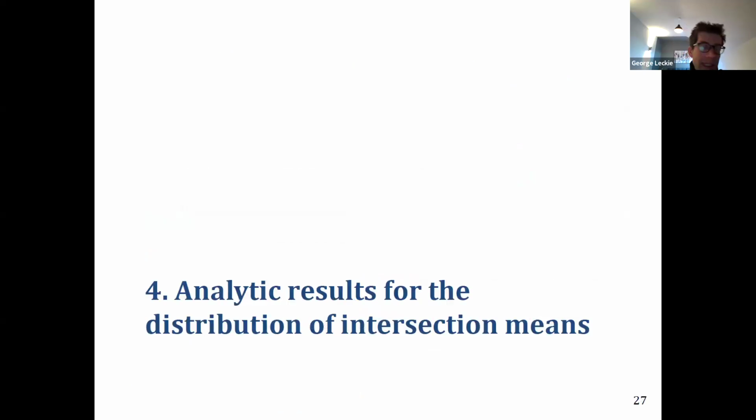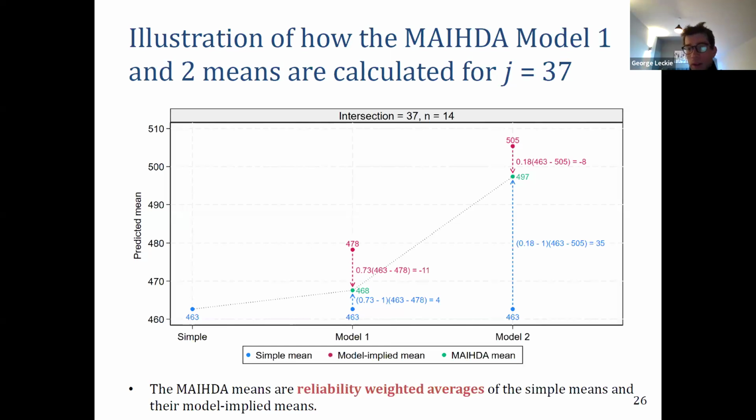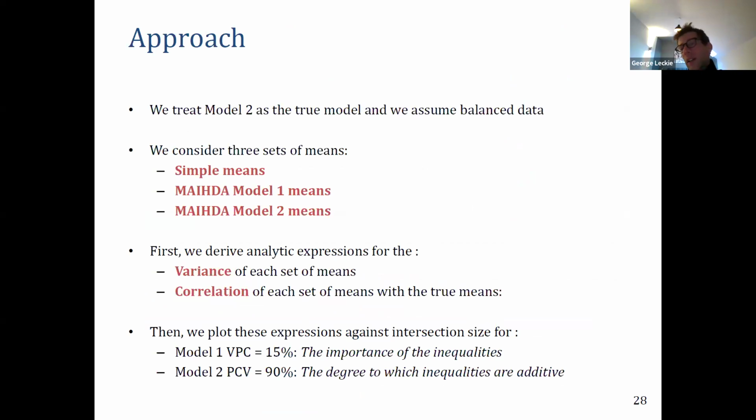But let's finally get into the analytic results, which statistically will argue that model 2 is the best of these 3 approaches. So the first thing I do is go on doing analytic expressions rather than a simulation study. I still declare a model to be the true model, just like you do in a simulation study. And I say it's model 2, okay?